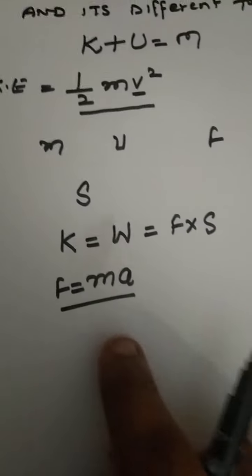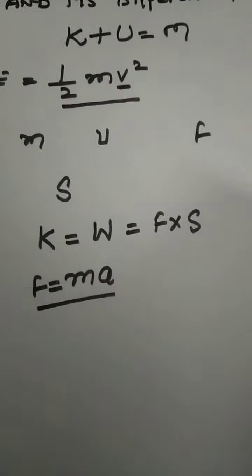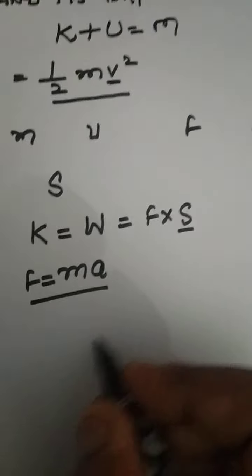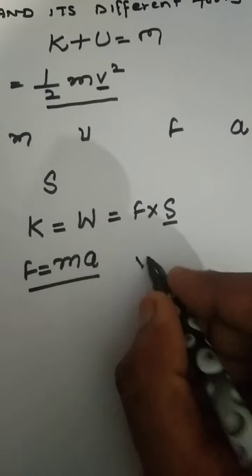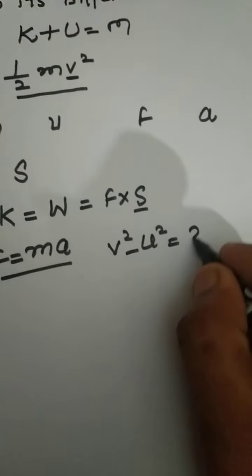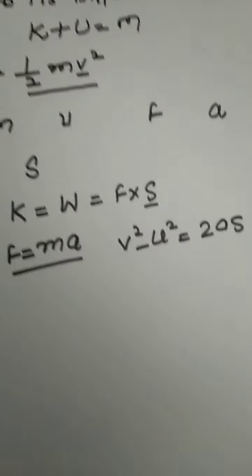The value of F we can put as ma, but we don't know s. So how can we find s? We use the formula v square minus u square equal to 2as.